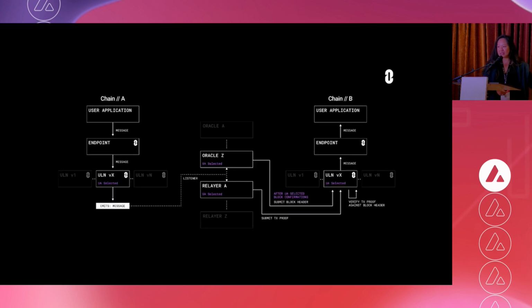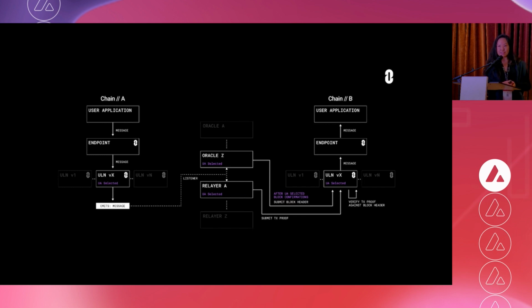Okay, the two off-chain components you see there, Oracle and Relayer. The way LayerZero works and breaks apart the state data is we have these two independent entities, but two is actually misleading. It could be an infinite number of independent entities, which we refer to as the oracles and the relayers. This is actually a misnomer because in the LayerZero network, all an oracle has to be is an entity that can retrieve and submit a block hash or a block header.